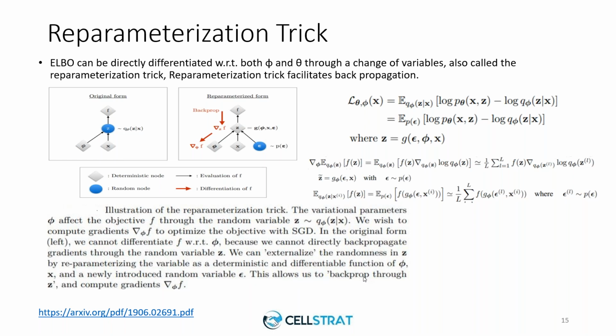This allows us to backpropagate through z and compute gradients. This is our reparameterization trick. Basically, it is a solution for backpropagation, which would not happen because of the random values in the latent variables. This trick helps us make z deterministic, and once it is deterministic, backpropagation can flow through it and update values.